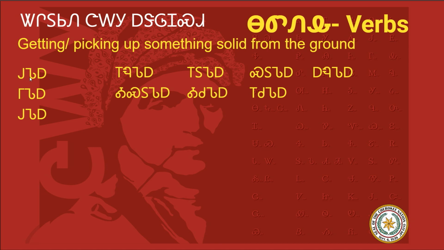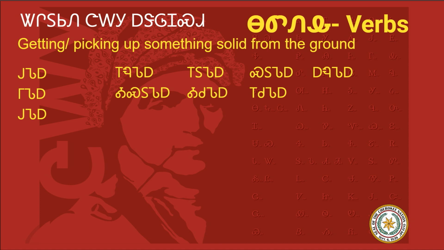Okay? Now, a lot of these verbs typically in spoken Cherokee will put a we in front of it. We gu, te. And that we means to go pick it up.